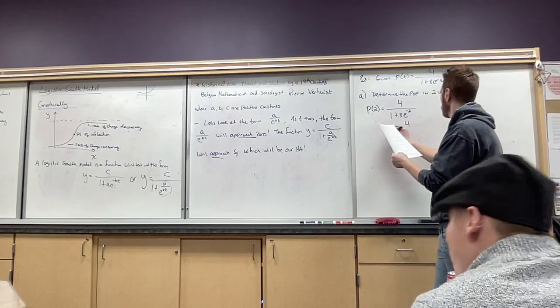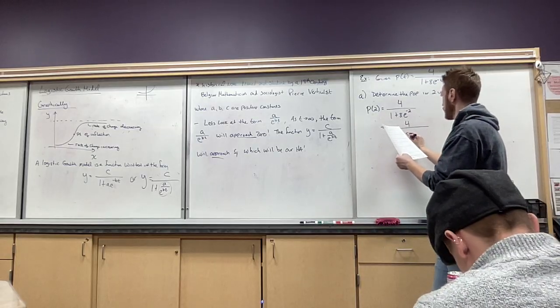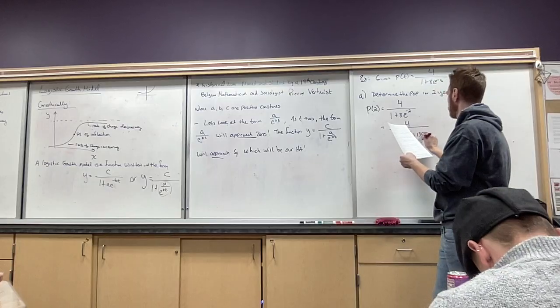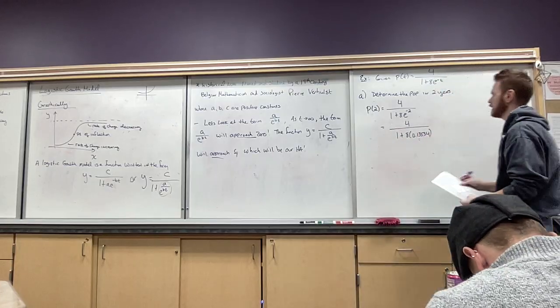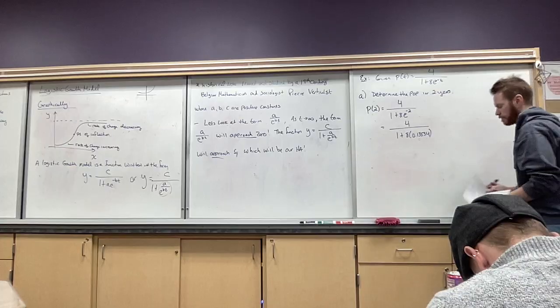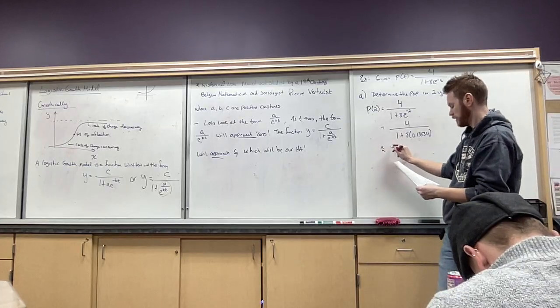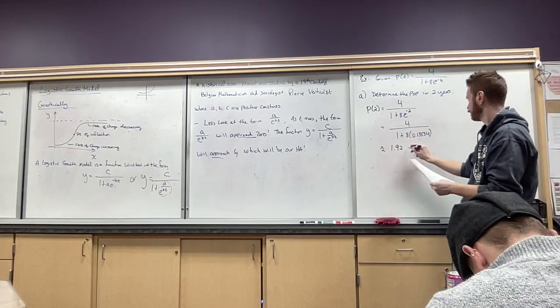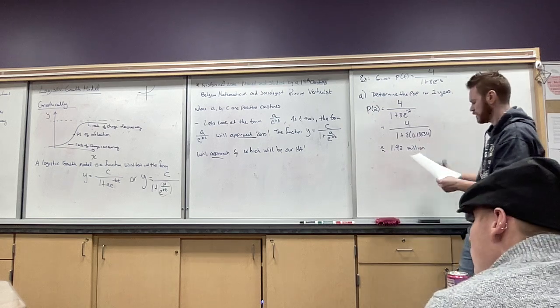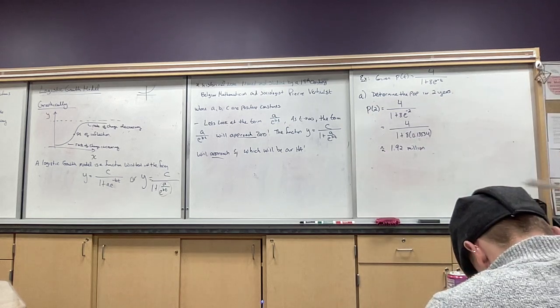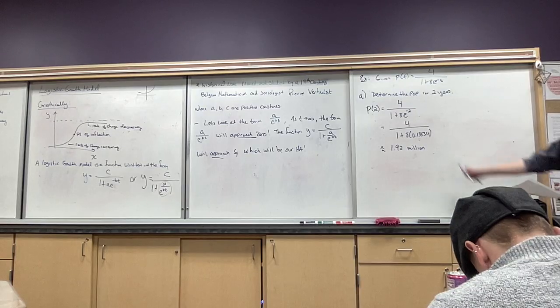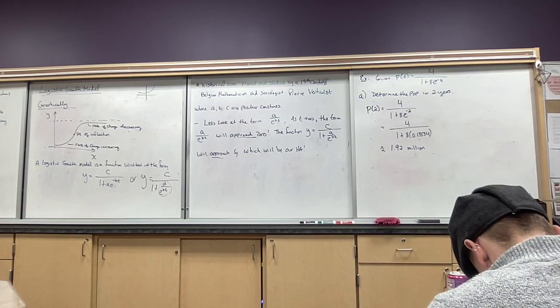This is 4 over 1 plus 8 times 0.13534. When you type all that in, you get 1.92, and this is measured in the millions. So again, when you have some time, see if you get the same value when you plug that in.